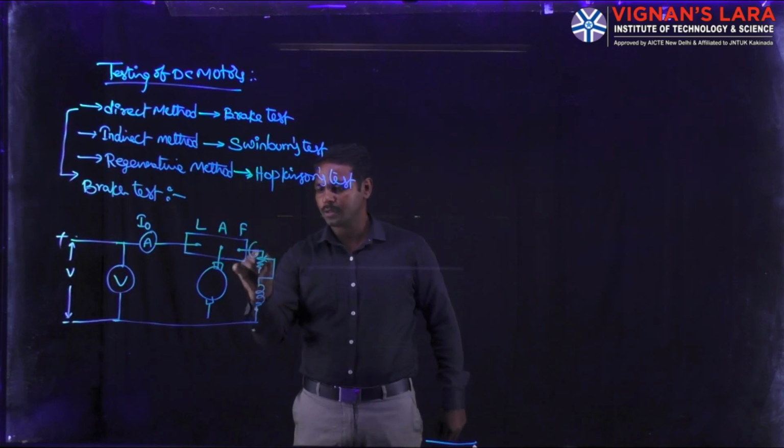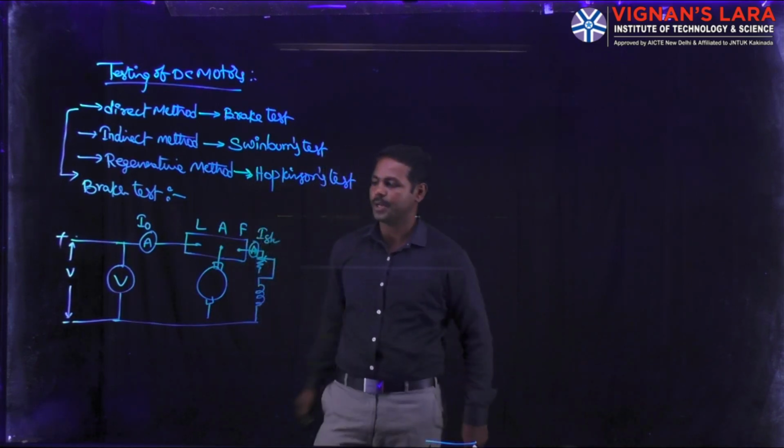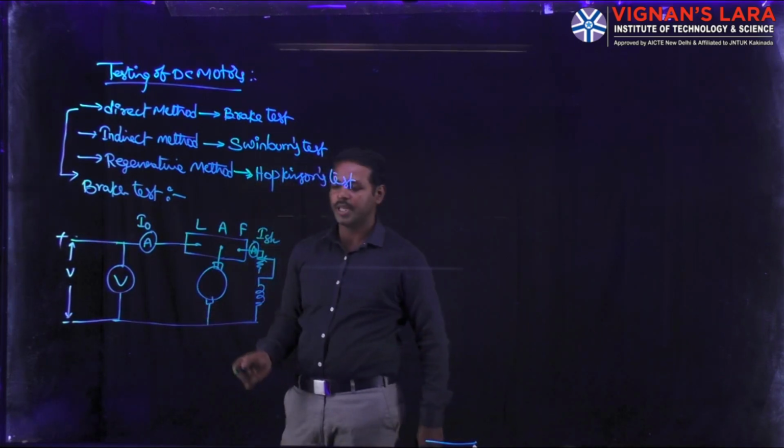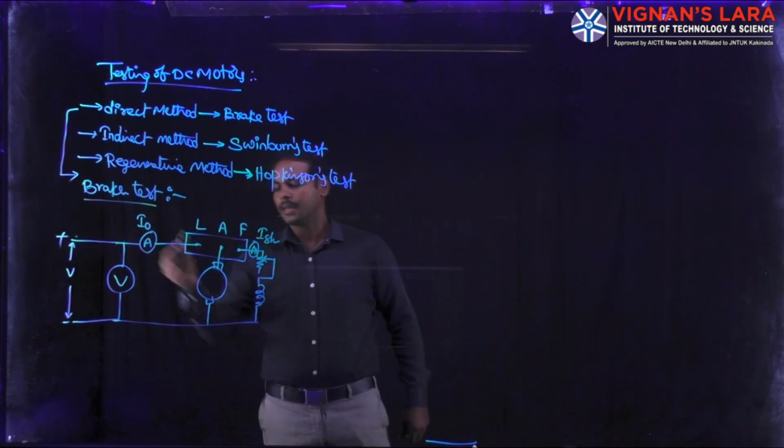In this, we also measure the current flowing through the field, which is denoted by ISH. Based on this circuit we can use the brake test or direct method.